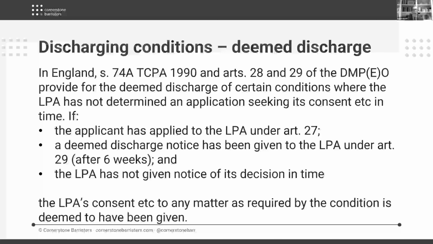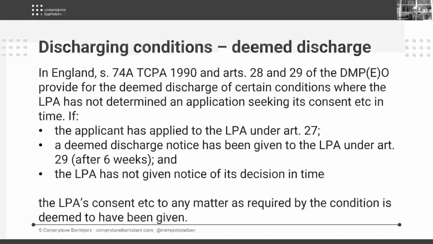And the conditions for this to apply are that the applicant has applied to the local planning authority under Article 27, which is the article dealing with applications generally for the discharge of conditions, that a deemed discharge notice has been given to the local planning authority by the developer under Article 29, and the earliest the developer can do that is 6 weeks after it has made the application for discharge, and that the local planning authority has not given notice of its decision in time.